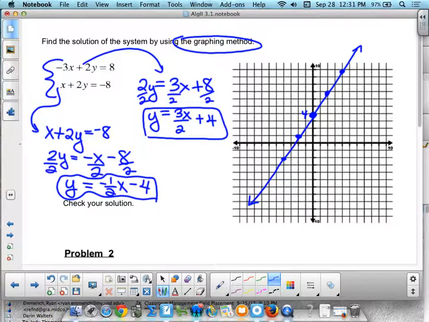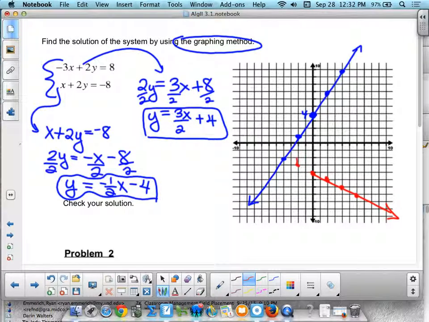This one crosses where? -4. So I'll go 1, 2, 3, 4 right there. And from there I'll go, tell me, down 1, right 2, down 1, right 2. Okay, there's the line, but I don't seem to be getting any closer to the blue line, so what do I do? Reverse your direction, so what?